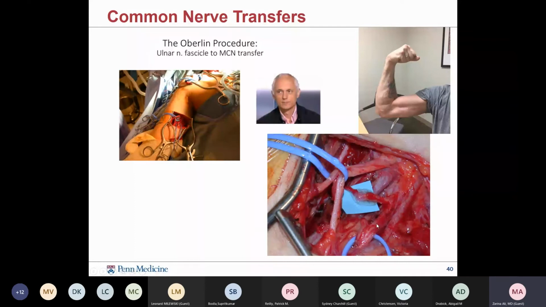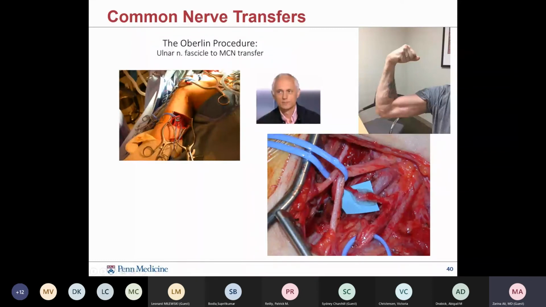And in general, when we're doing a nerve transfer, we're doing this under microsurgical repair, where we're actually opening up that ulnar nerve, identifying many of these fascicles and directly stimulating these fascicles. And so we're able to identify which fascicle provides more wrist flexion, for example, as opposed to intrinsic hand function.